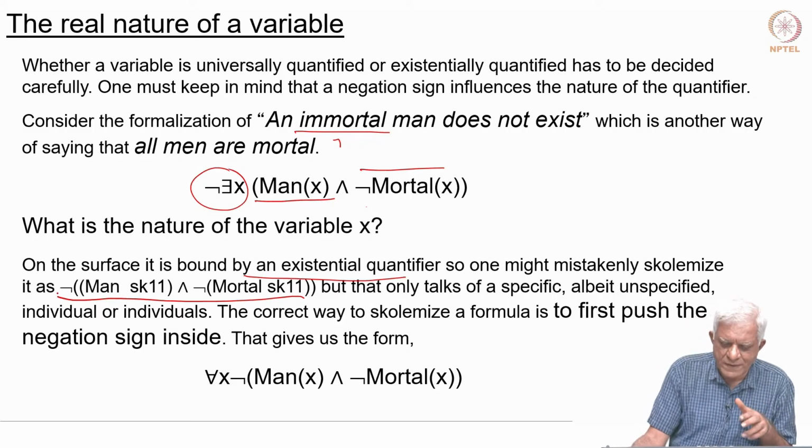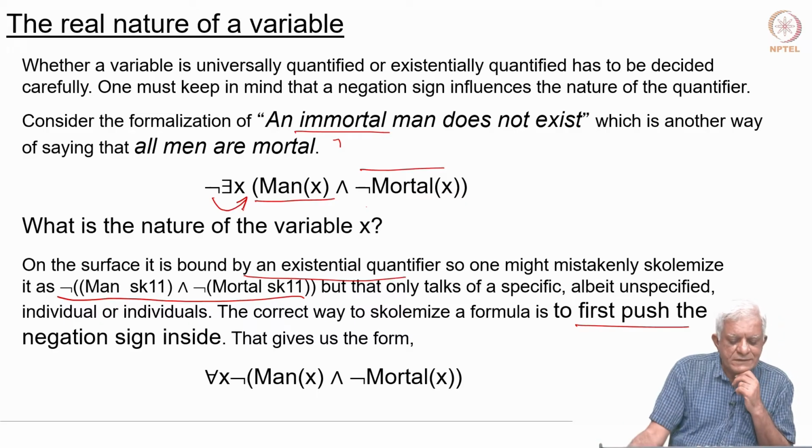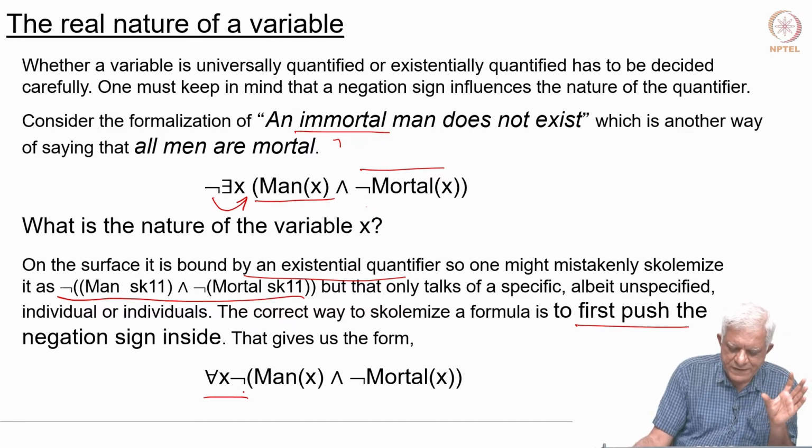The correct way to Skolemize the formula is to first push the negation sign inside. Once you push this negation sign across the quantifier, it will become a universal quantifier, and then you can see that it is a universally quantified variable.